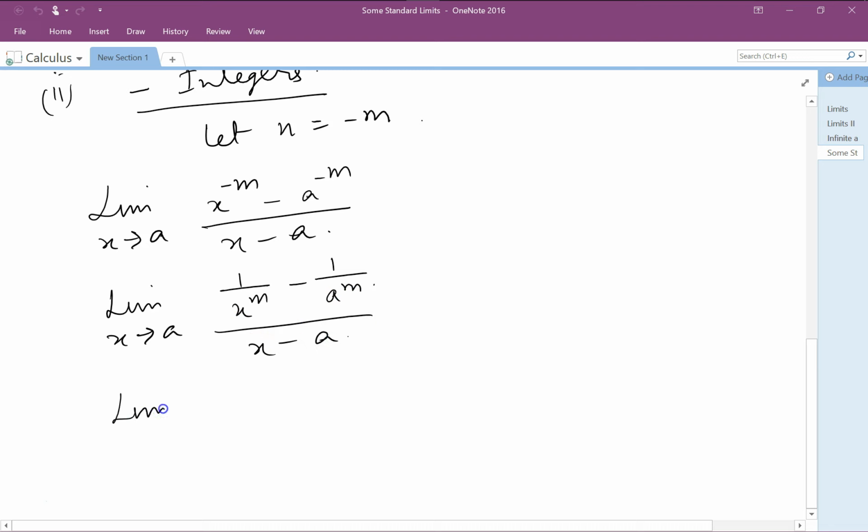Okay, so limit as x approaches a. Let's take the LCM, x to the power of m, a to the power of m, and cross multiply.